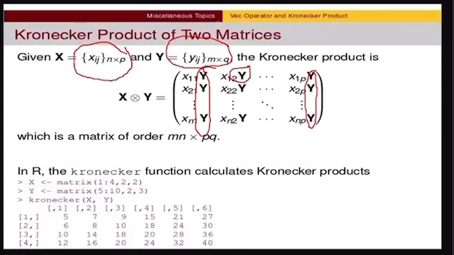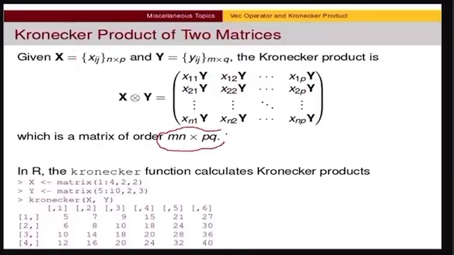And the dimension of a Kronecker product is what I'm going to show you now. The dimension is this. Why? Because MN is the dimension of the new matrix, PQ. So this is what I mean. You're going to see now.